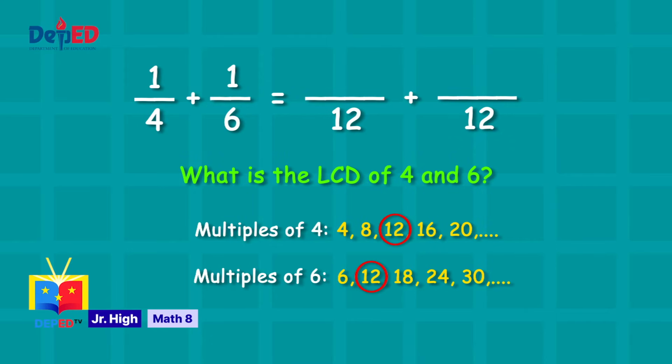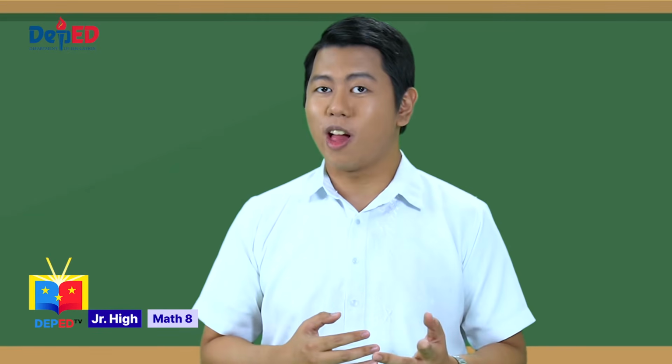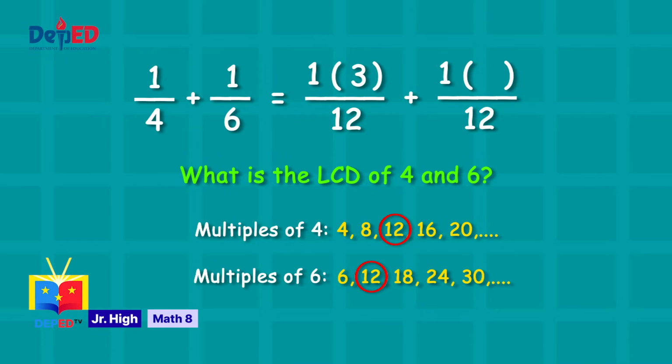But when we change the denominator, we must also change the numerators so the values will not be different. We will multiply the numerator by a number that when multiplied to the previous denominator will result to 12. What number should be multiplied to 4 to make 12? It is 3. How about for 6?